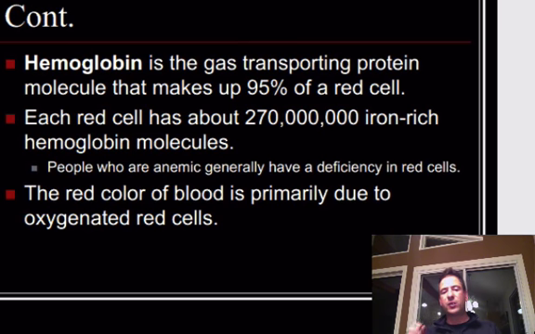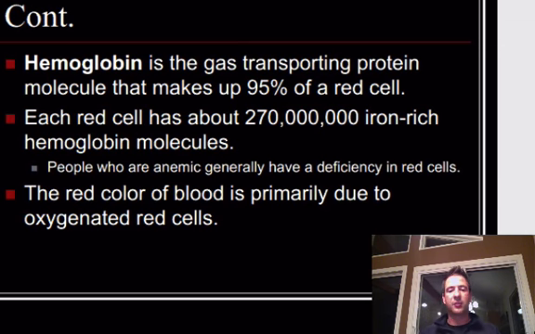Each red blood cell has about 270 million iron-rich hemoglobin molecules. The hemoglobin is what collects the oxygen within the red blood cell. If you're anemic, generally you have a deficiency of red blood cells. We'll talk about anemia a couple of times.